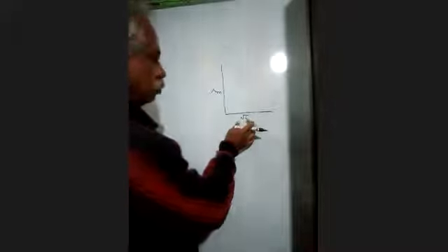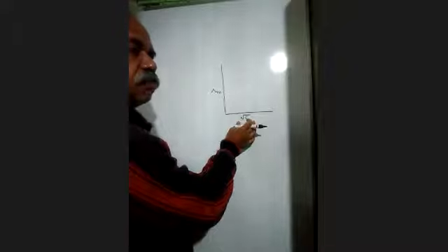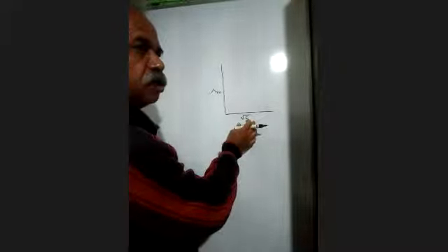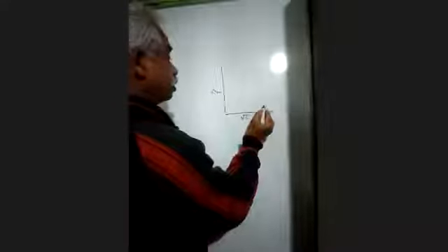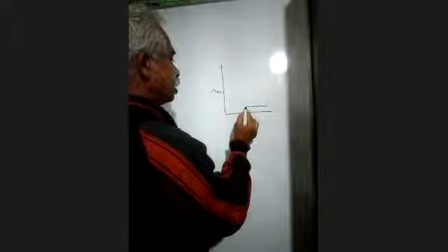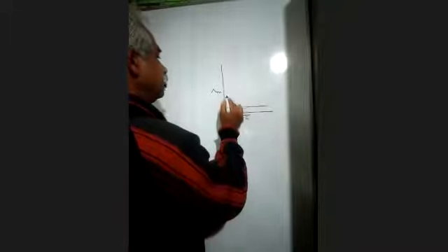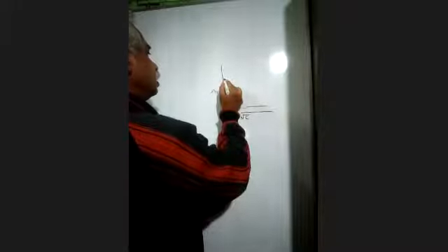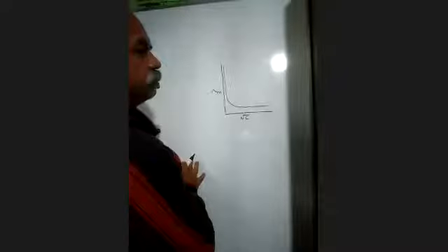We got it from the Debye-Hückel-Onsager equation, lambda m equals lambda m0 minus a root c. We found it was increasing gradually, but suddenly there is a steep rise in the conductivity, running parallel to the conductivity axis.